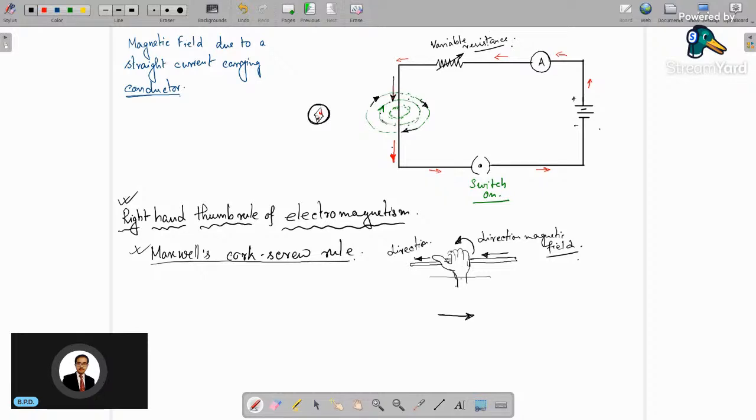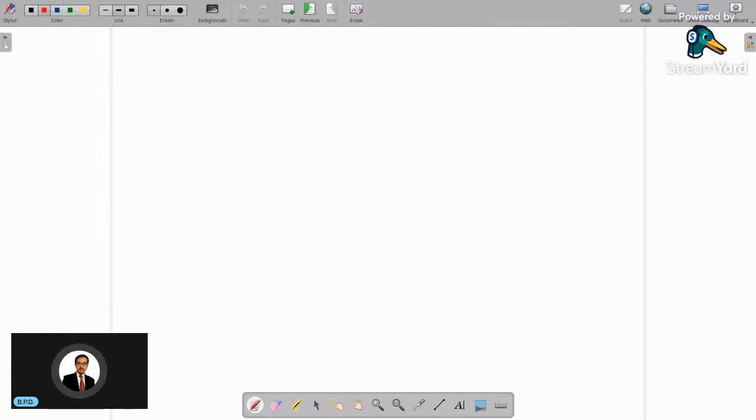Now we are going to understand a very interesting thing. For this particular case we have understood the magnetic field due to a straight current carrying conductor, right? Now we are going to understand the magnetic field due to a circular loop based current carrying conductor.